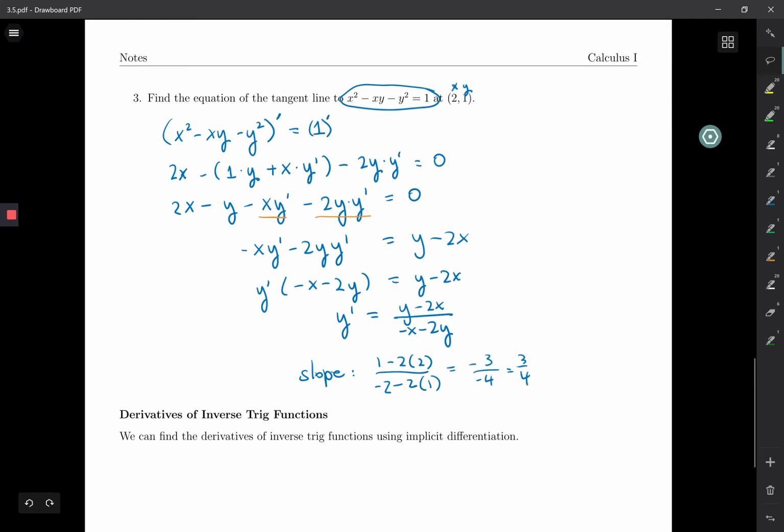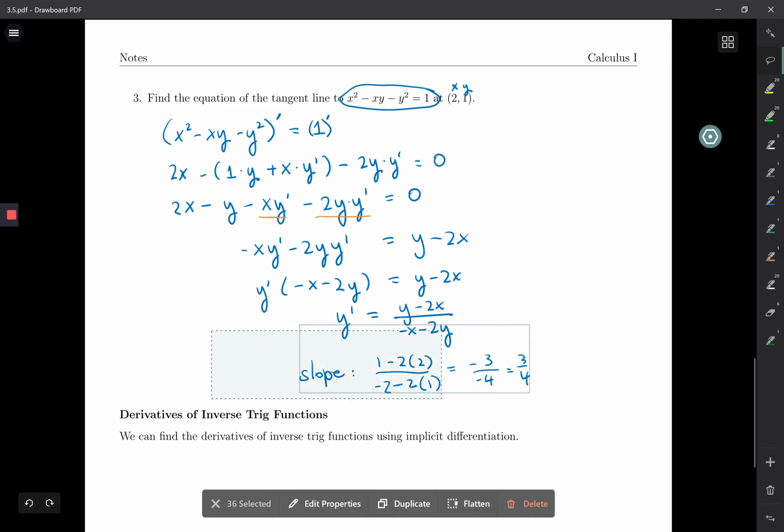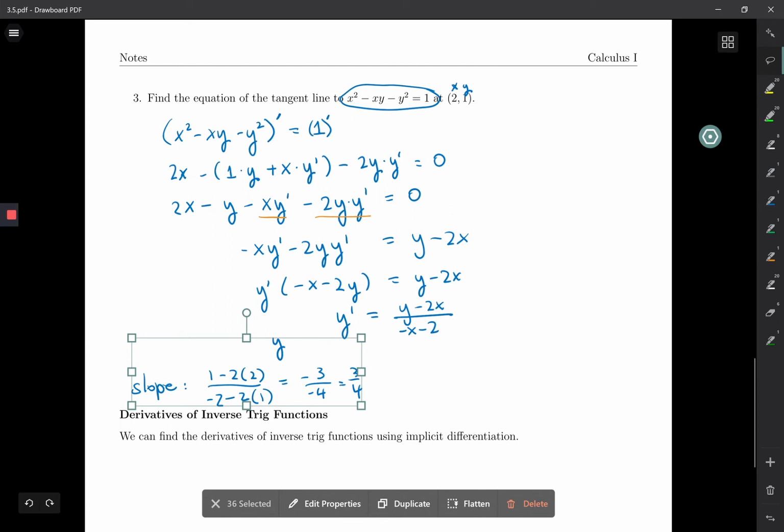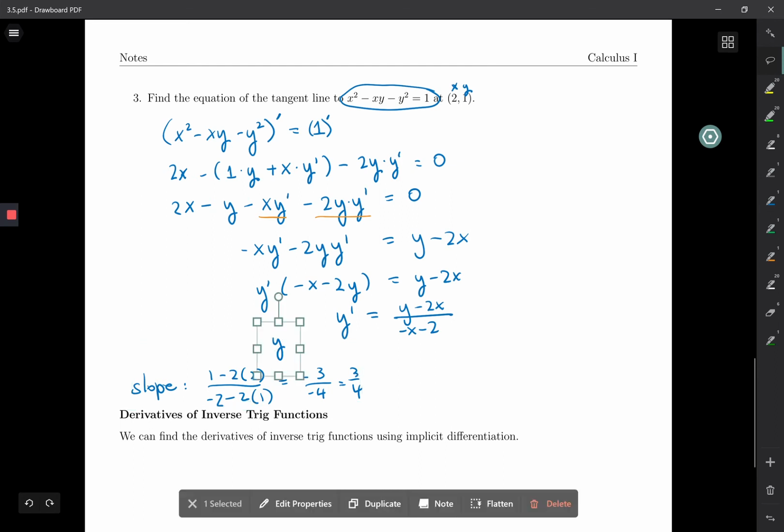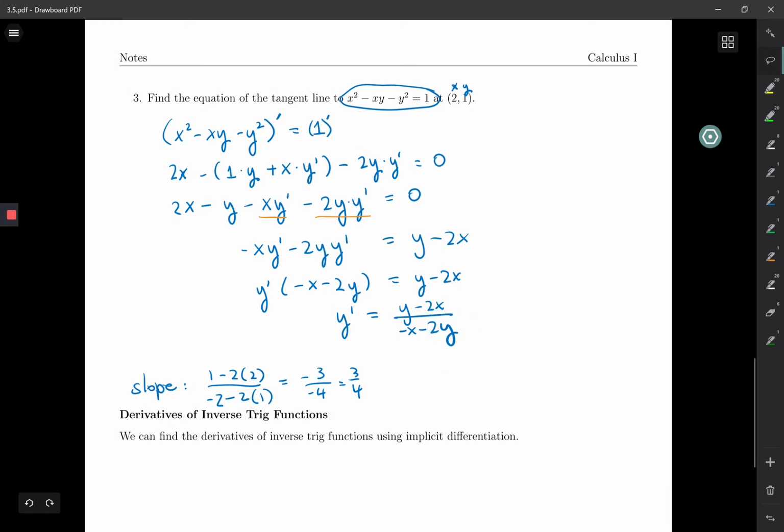And we are already given the point, right? So if the tangent line is tangent to the curve at this point, then that point lies on the line. Okay. So we have the slope, we have the point, we just need to use our point slope form.